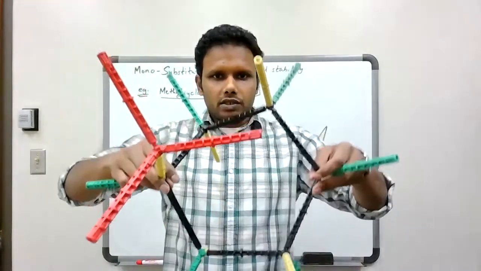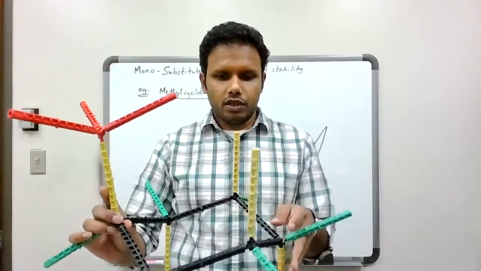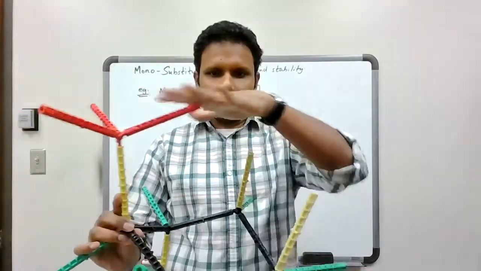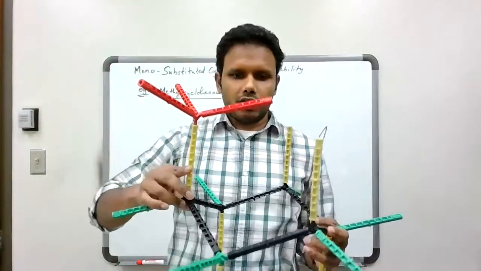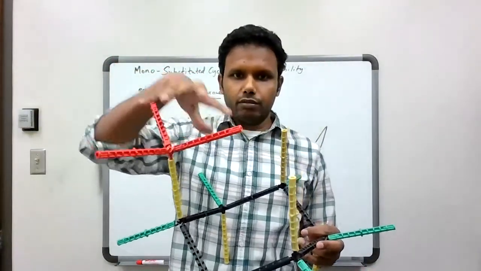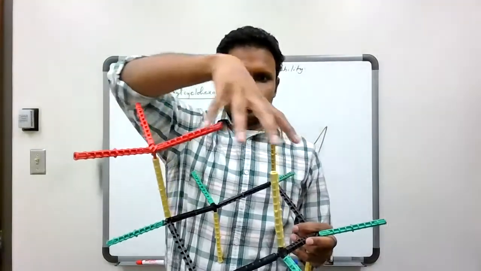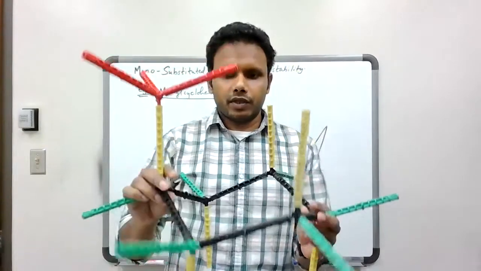Look at this area of space here, okay, in the chair conformation. So if you look at the 3 axial groups here, we have the 2 hydrogens that are axial, and additionally we have the methyl group here. So there is some crowding going on here, okay?